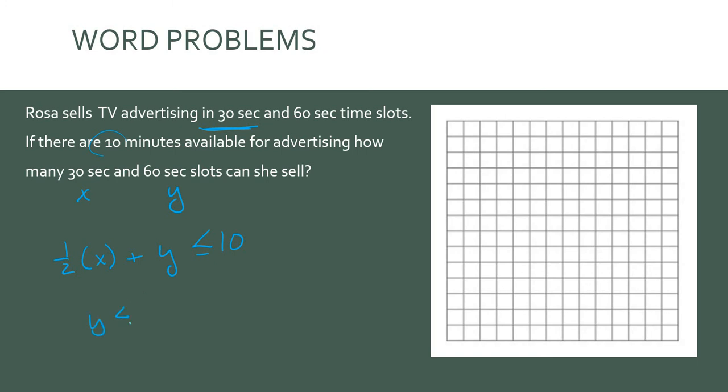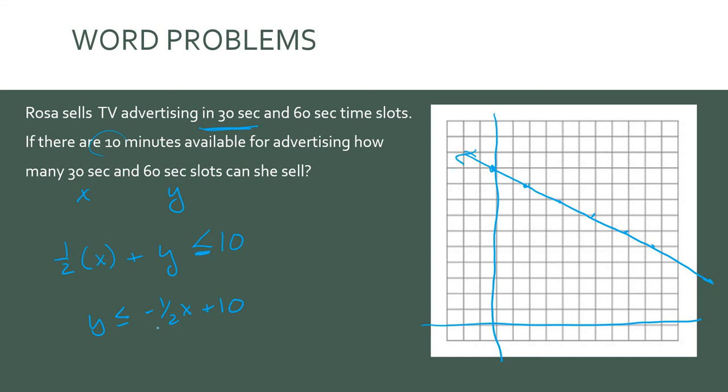So let's rewrite this, subtracting the 1/2 x from both sides. Go ahead and graph this. I'm going to graph it over to the side because I know that I've got to go up to 10. 1, 2, 3, 4, 5, 6, 7, 8, 9, 10. Down 1 to the right 2. I'm not going to be able to get all the way down to my graph. This is and equal to, solid line.